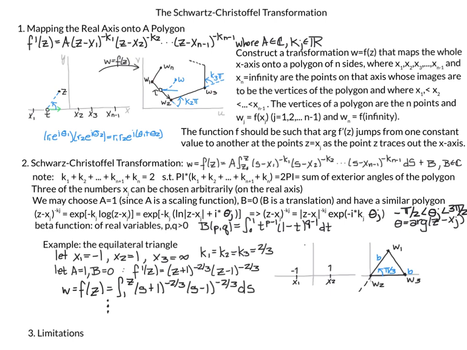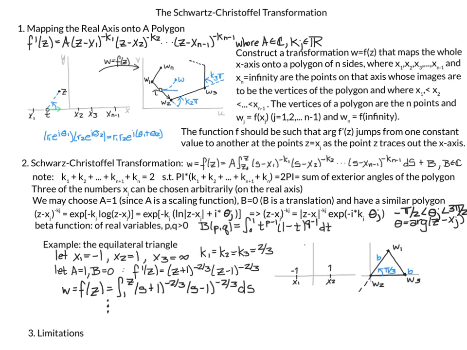So our argument should be constant, but the moment we hit one of these points f of x sub j that maps to a vertex, we should get a change to another constant value until we hit the next vertex.